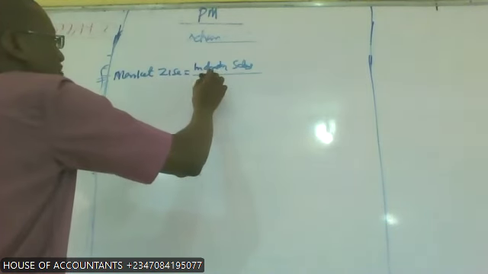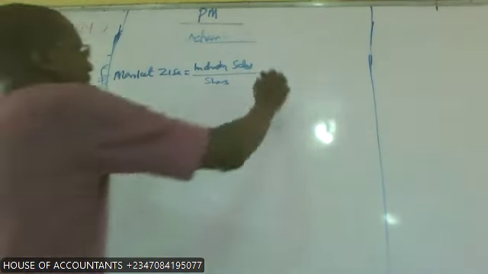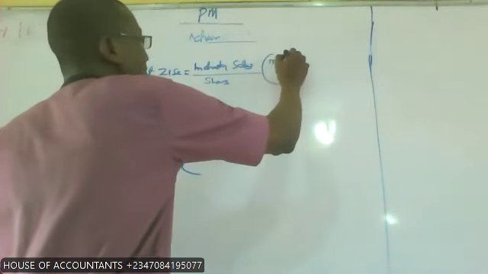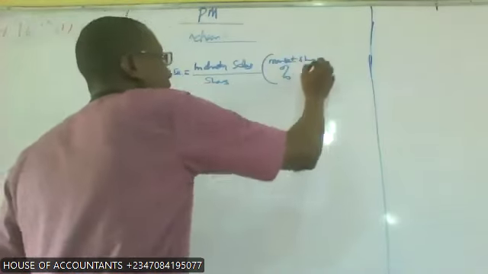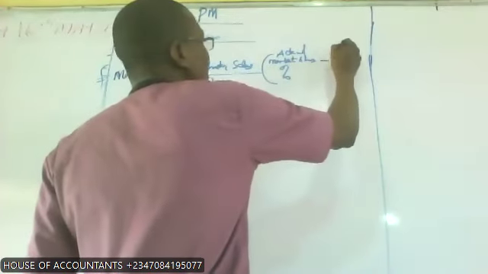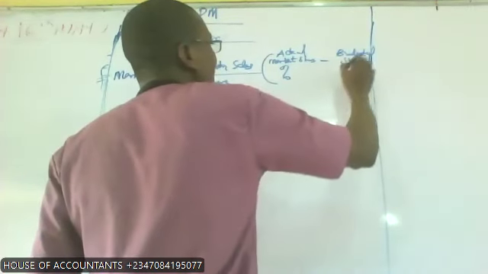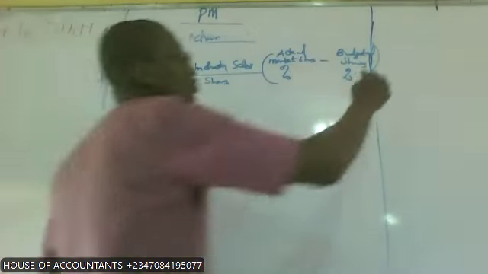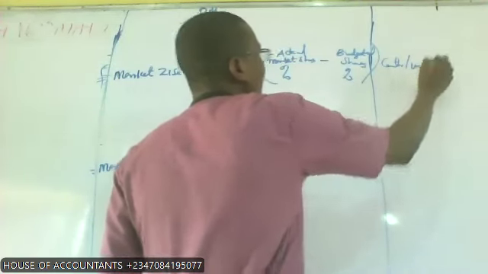Now this is the market share. It might be in percentage or whatever. Then you can say the actual market share percentage minus budgeted share percentage, multiplied by contribution per unit.